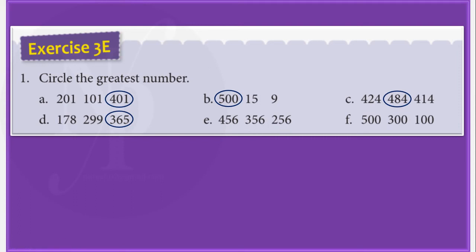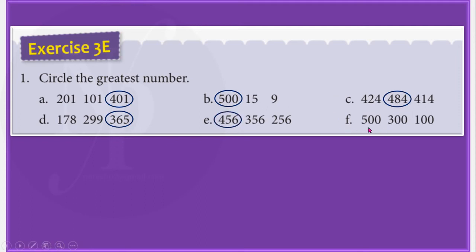So here again all the three numbers are 3-digit numbers, and when we look at the digits at hundreds place, here we have 4, here 3 and here 2. Therefore, since 4 is greater than 3 and 2, the number 456 is greatest of the given three numbers.